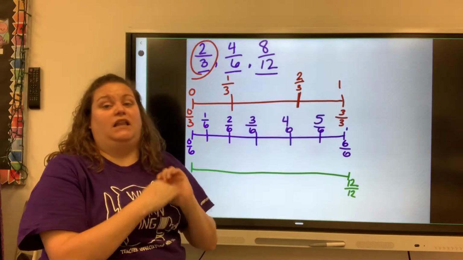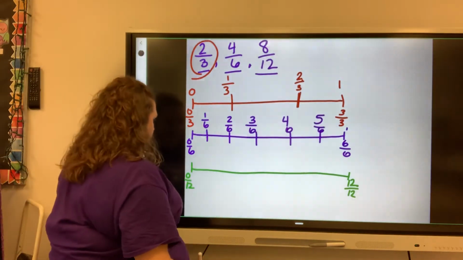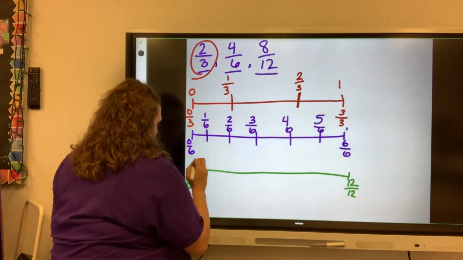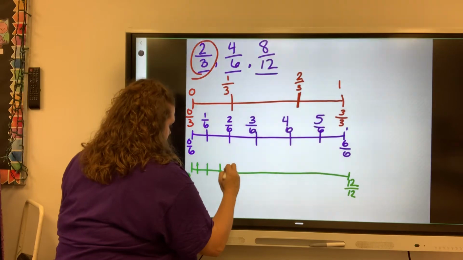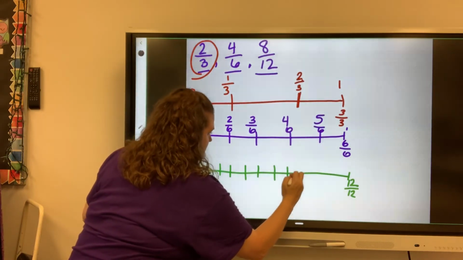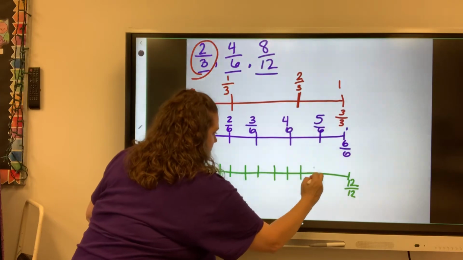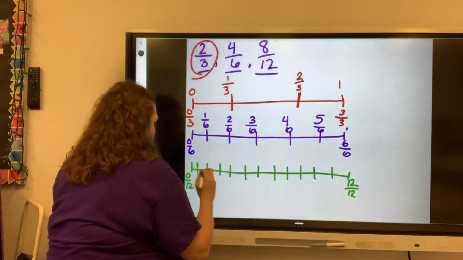So I have to do 11 lines all the way across. I need to be really careful on this one too. That was kind of messy, but we'll do it. 1, 2, 3, 4, 5, 6, 7, 8, 9, 10, 11, 12. Okay, cool. We get kind of smushed, but we'll do it.